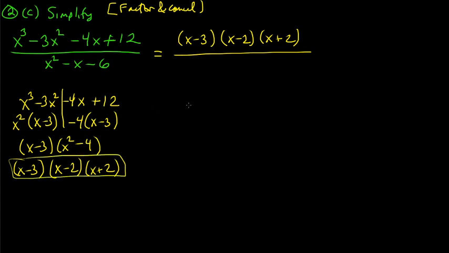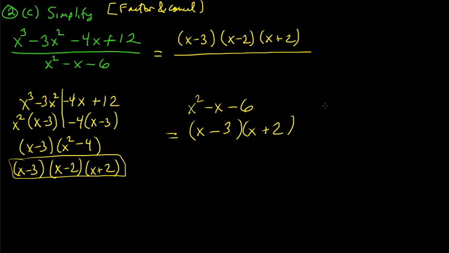Now let's do the denominator, x squared minus x minus 6. I won't bore you with the details because this should be pretty easy at this point. It's not going to be negative 6 and 1, so it's got to be negative 3 and 2. I hope you can get that pretty quickly. If not, you can still use the AC method. That always works, it's just a little bit more work.